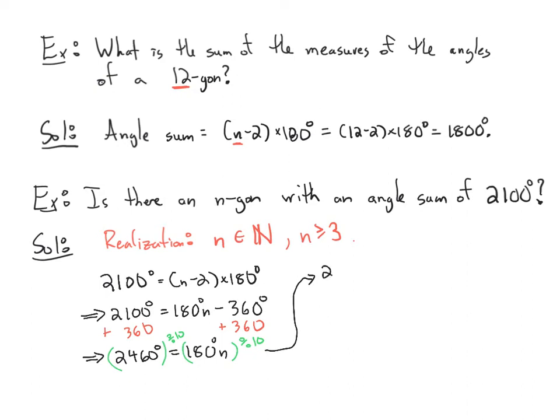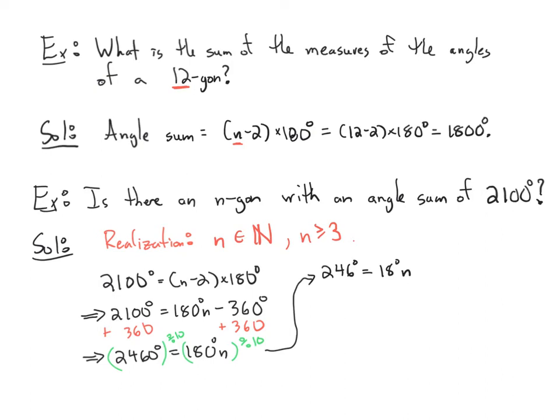But I see this as 246 degrees equals 18 degrees times n. Now, we could simplify this even more. I see a common factor of 6 here. 246 is divisible by 2 for sure, and it's divisible by 3, since 2 plus 4 plus 6 is 12, and 12 is divisible by 3. 18 is definitely divisible by 6.